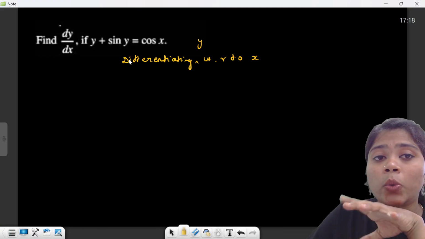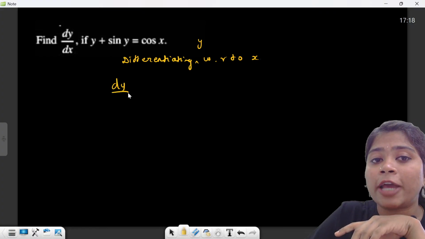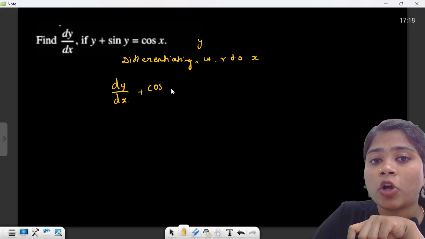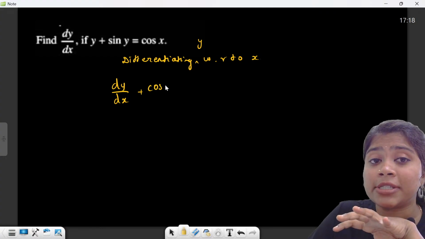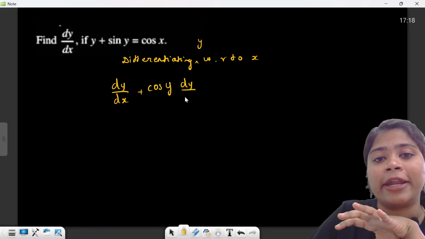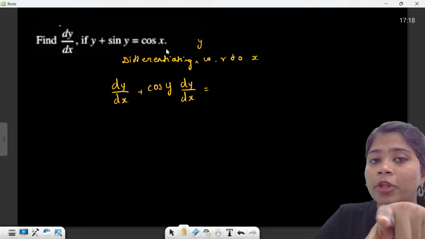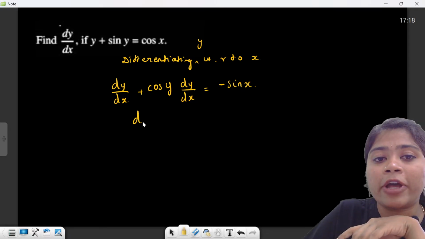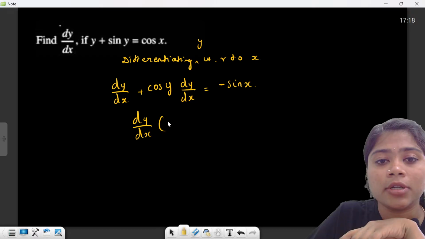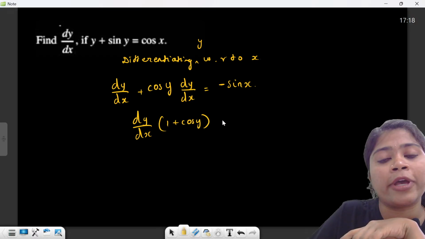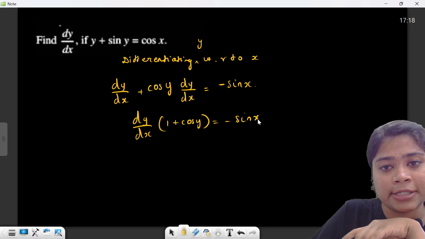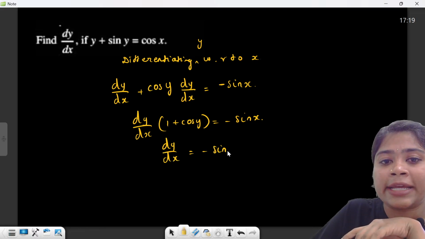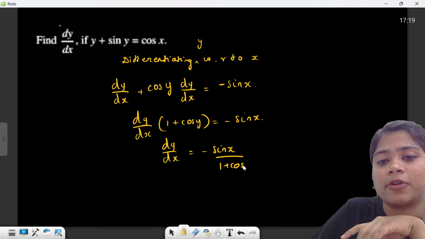So y differentiation is dy by dx, plus sin y differentiation is cos y dy by dx, is equal to cos x differentiation, which is minus sin x. So dy by dx you can take common: 1 plus cos y is equal to minus sin x. So what is dy by dx? Minus sin x divided by 1 plus cos y.